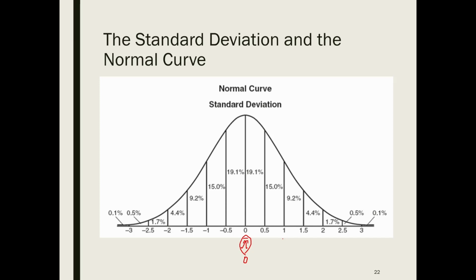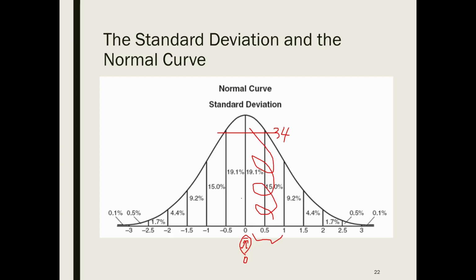So when you see the standard deviation as 1, that's this area, right? If you take a look at the area under the curve, that would be 19.1 plus 15, about 34.